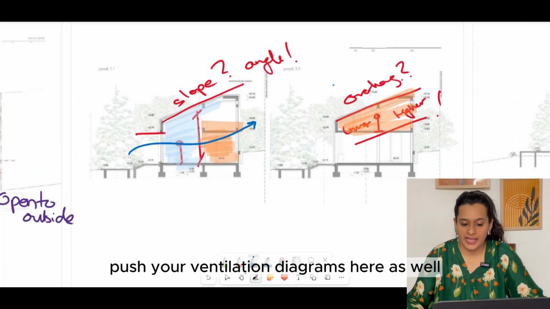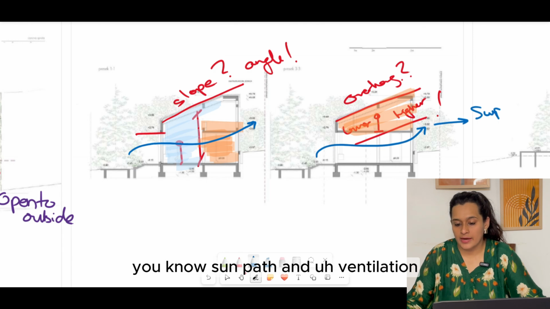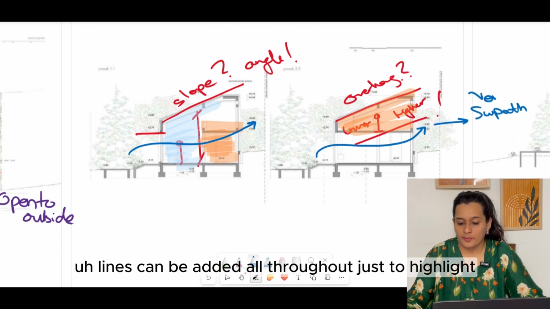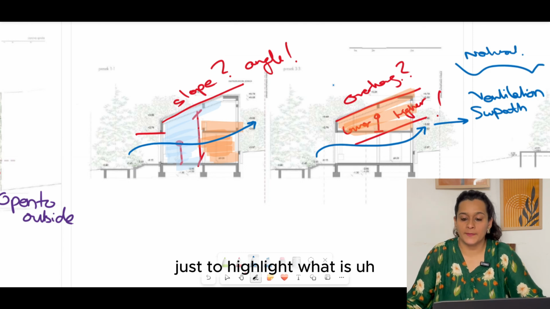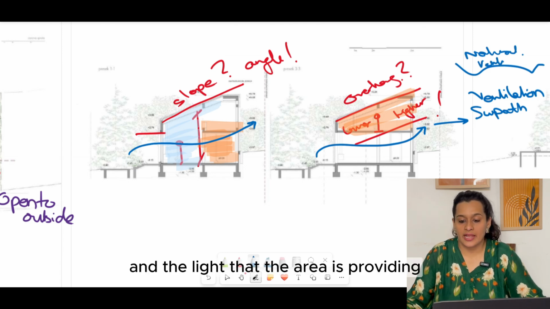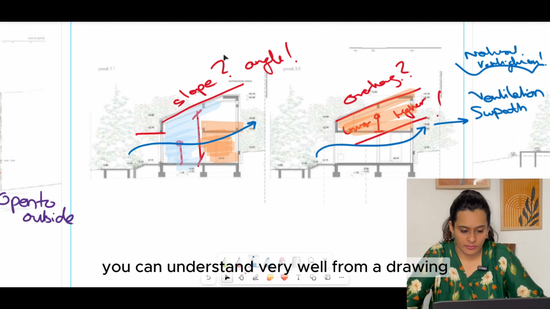Push your ventilation diagrams here as well. I think these sun path and ventilation lines can be added all throughout, just to highlight the natural light quality of the area, and the ventilation and the light that the area is providing. So all these things you can understand very well from a drawing.